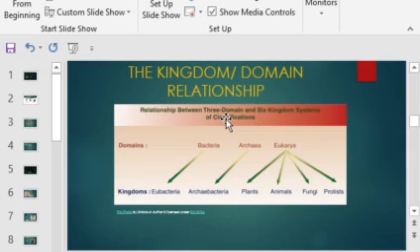Now, one important point to note is that the bacteria and the archaea, they are part of the wider or the more general prokaryotic domain. They can be, or kingdom, the prokaryotic kingdom.